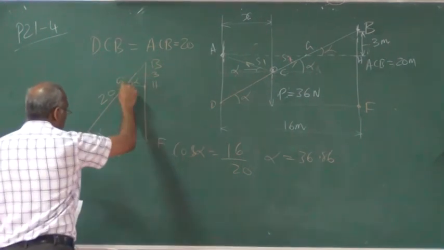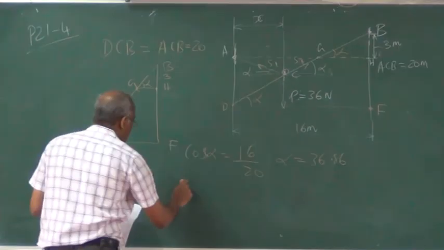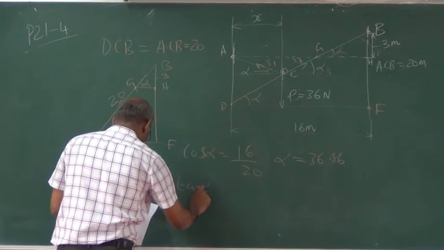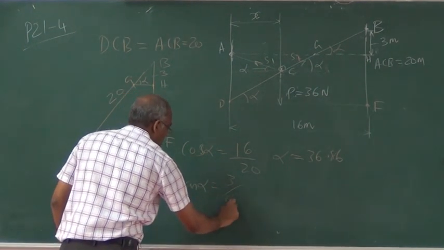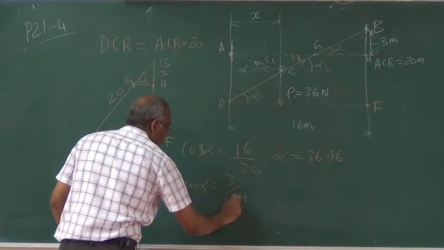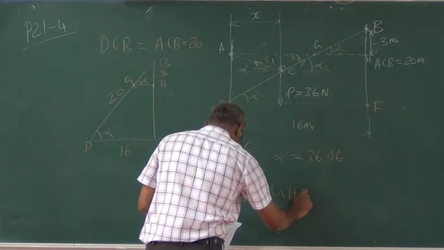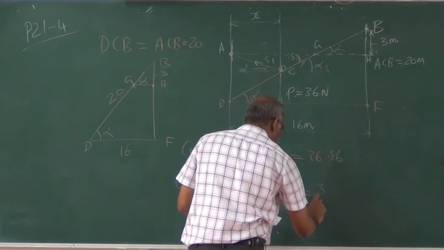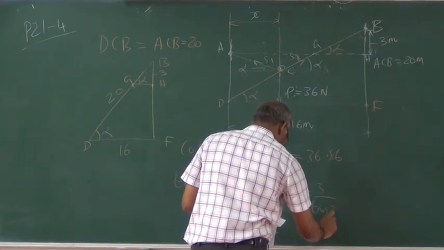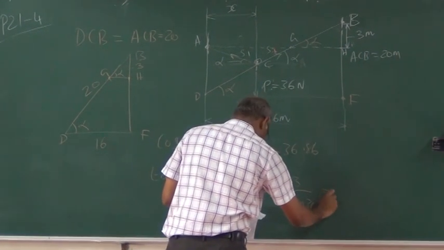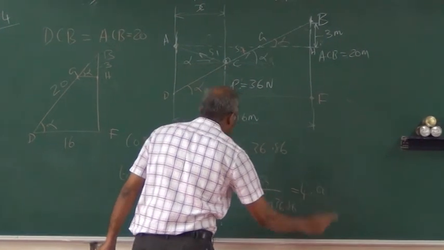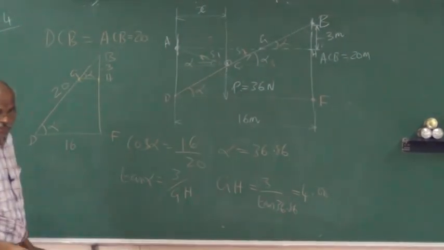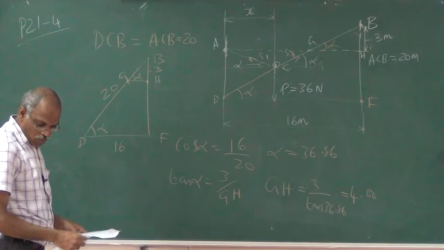By looking at this triangle, we can say that tan alpha is equal to 3 by GH. Therefore GH is equal to 3 by tan 36.86, that is equal to 4.00. So GH is 4.